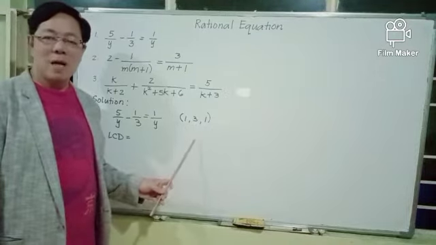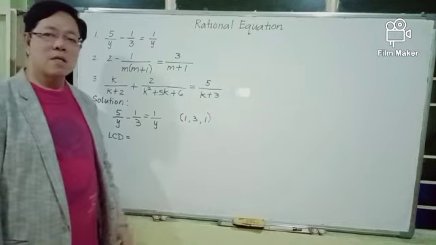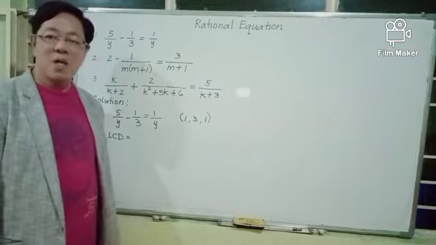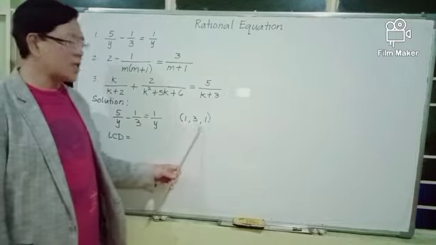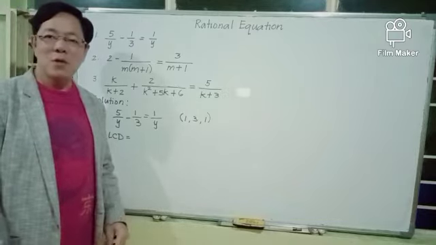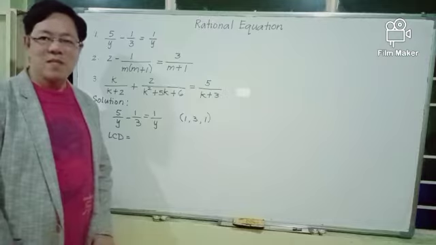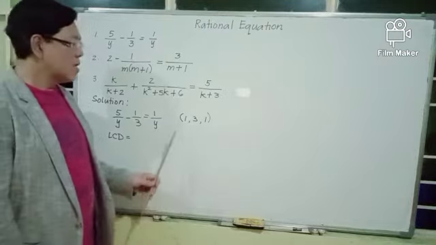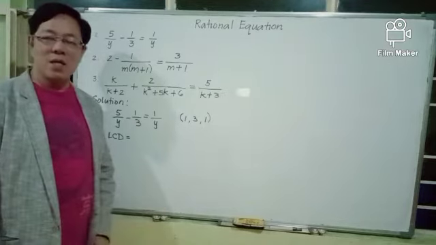The lowest common denominator of 1, 3, 1 is the smallest number that can be divided by all these three numbers, 1, 3, 1. If you know your multiplication table well, it would be very easy for you to think of the smallest number that can be divided by 1, 3, 1. And that number is 3.